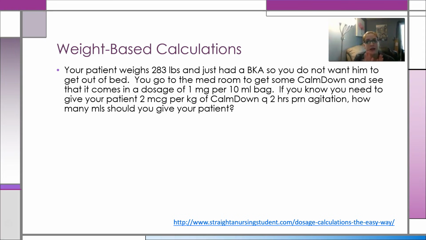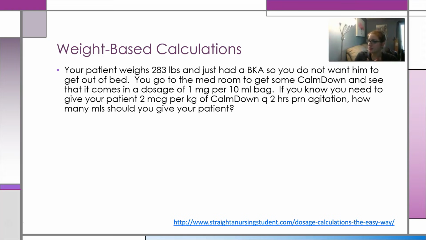A lot going on here. I do see that I have a weight calculation, so I know I will have to put my weight second. So if you want to, you could write down your weight, but I always want to start with the order. Now, as you read through this problem, what is our order? Give you a second to look at that.